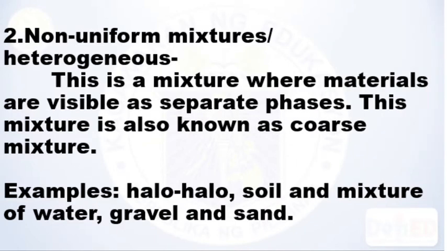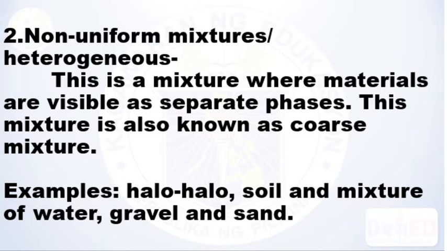Now, let's have the opposite of uniform mixtures. The non-uniform mixtures are heterogeneous mixtures. Non-uniform is another term for heterogeneous. The easiest way to know whether a mixture is heterogeneous is if you can still see the materials apart.